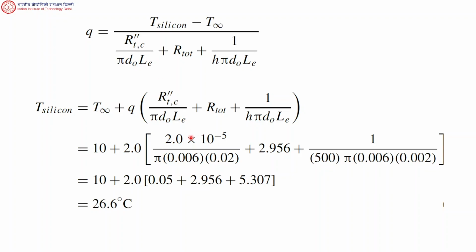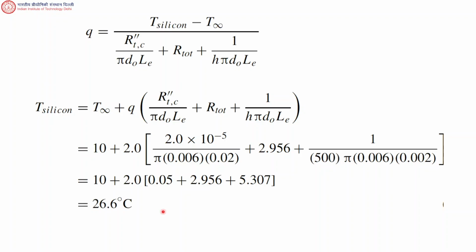So this also has to be added. This we have already calculated. So this gives you a T silicon of 26.6. I don't know, he doesn't say whether this 26.6 is acceptable or it should have been lower. That's not discussed in the problem. Okay, that depends on the particular application that he has in mind.